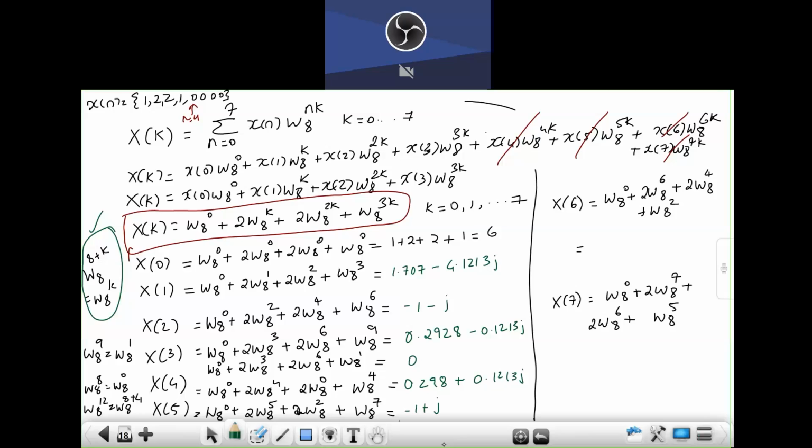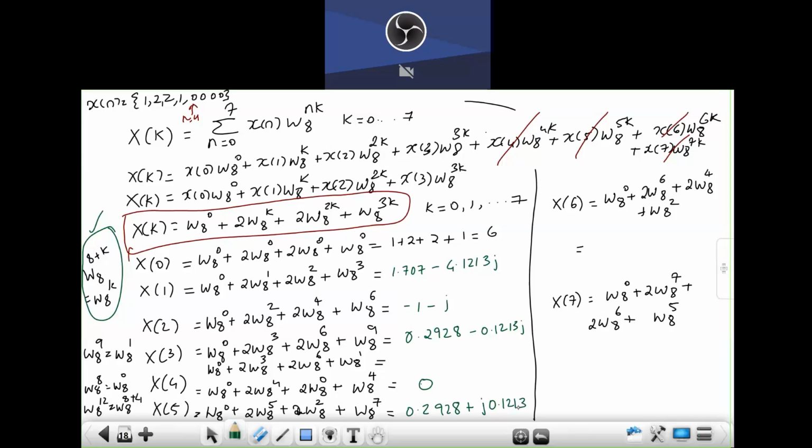X of 6 was minus 1 plus J. Sorry, X of 4 is 0.2928 plus J 0.1213.